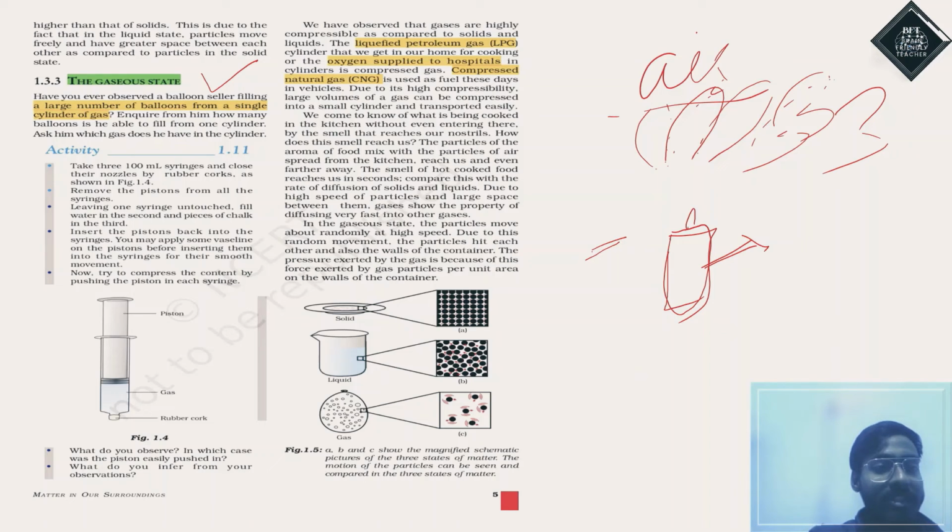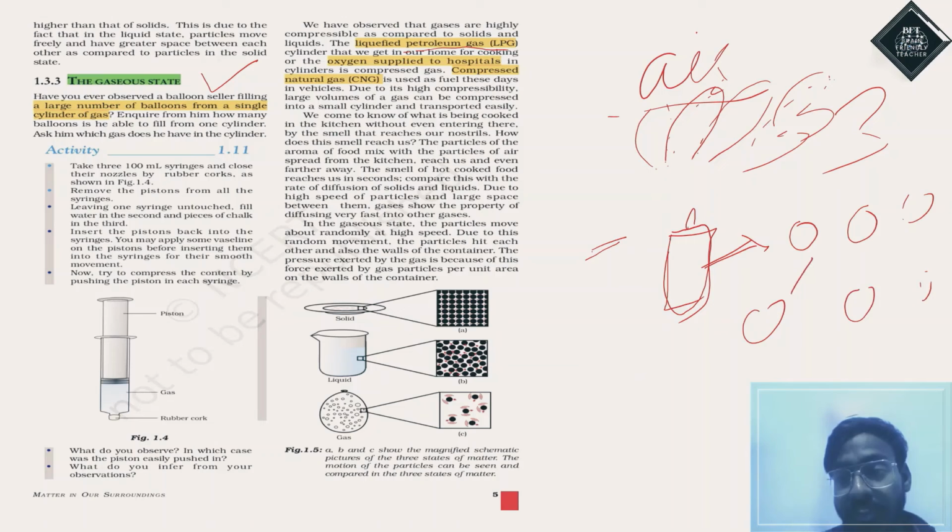Here you can take the example of the LPG gas cylinder and CNG, on which too many vehicles are running nowadays. What happens in the gaseous state? There is too much distance between the molecules of the gas.